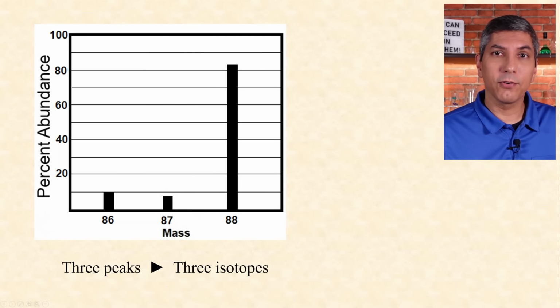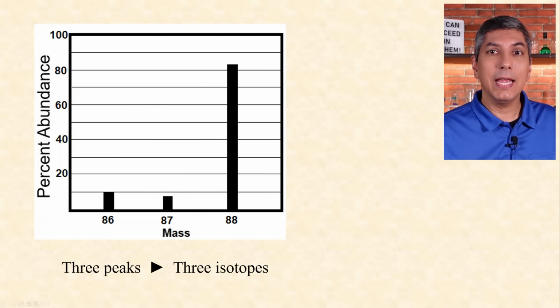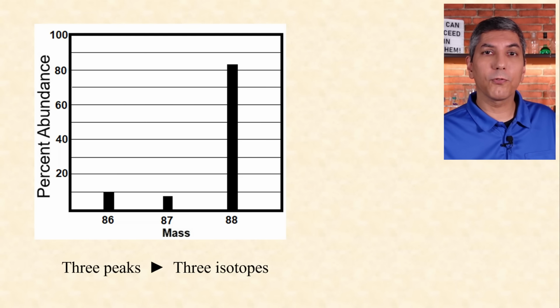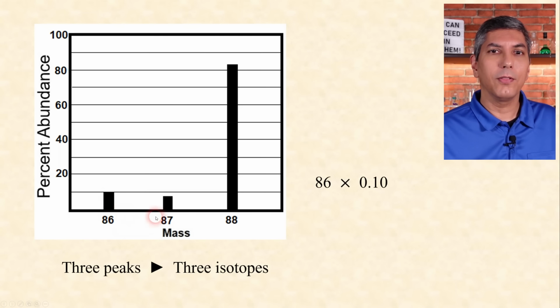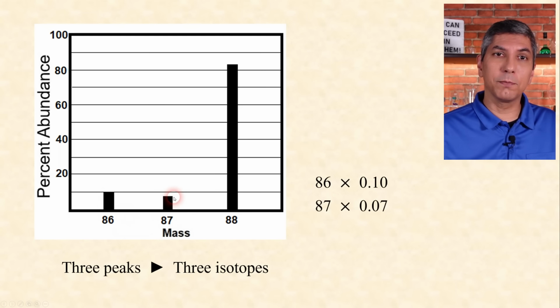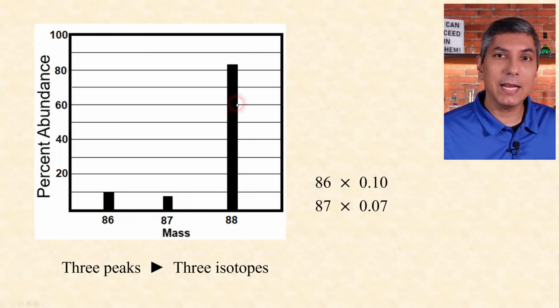We can take the data from the graph and estimate the element's average atomic mass and determine which element we're looking at. So to solve for the average atomic mass, we take each isotope's mass and multiply it by the decimal equivalent of its percentage abundance. The 86 isotope is 10% abundant, the 87 isotope is 7% abundant, and the 88 isotope is 83% abundant.